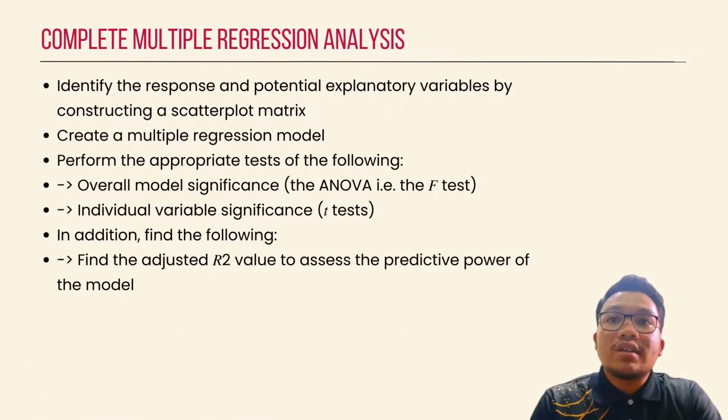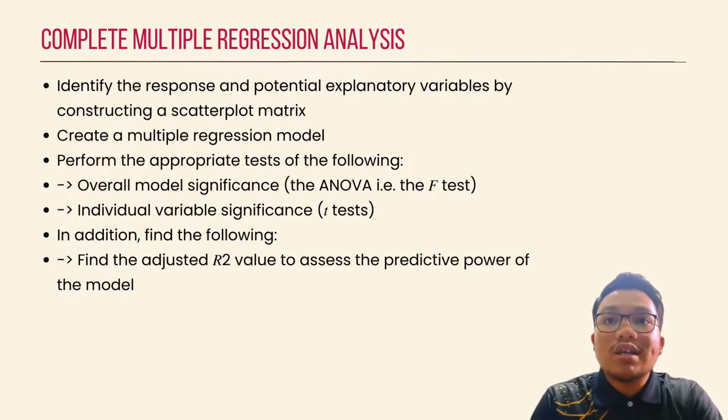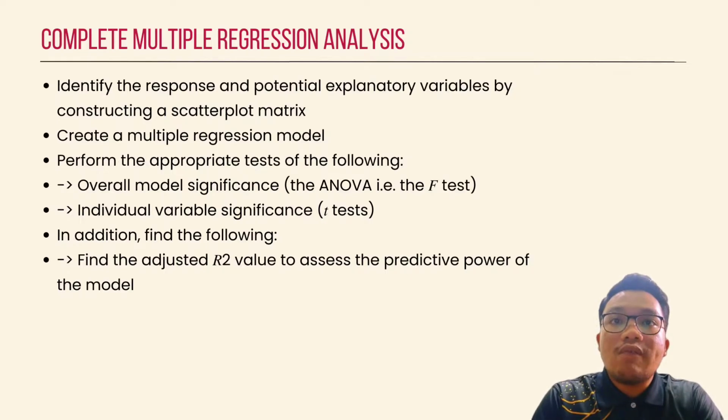Complete multiple regression analysis. Identify the response and potential explanatory variables by constructing a scatter plot matrix. Create a multiple regression model. Perform the appropriate tests of the following: overall model significance, the ANOVA F-test, and individual variable significance, the t-test.